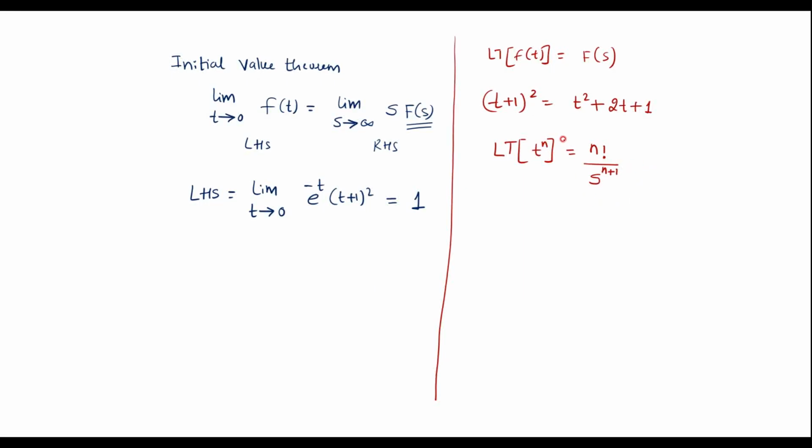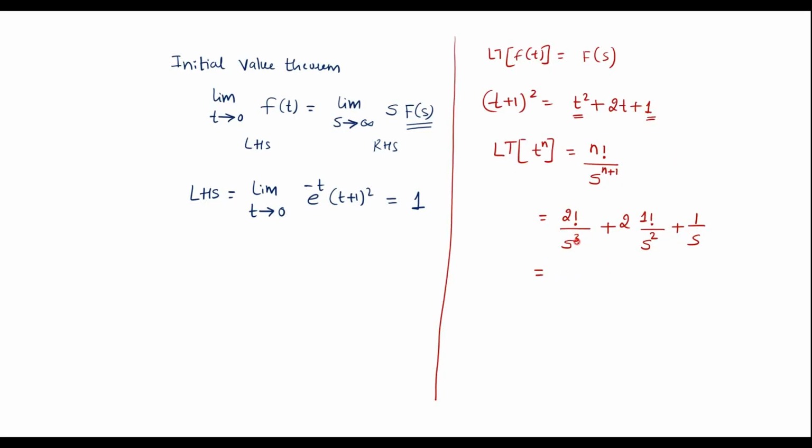So if I apply this to this equation, I can get Laplace transform of t square will be 2 factorial divided by s power 3 plus, if I apply to this, I can get 2 into 1 factorial divided by s power 2 plus Laplace transform of constant 1 will be 1 by s.